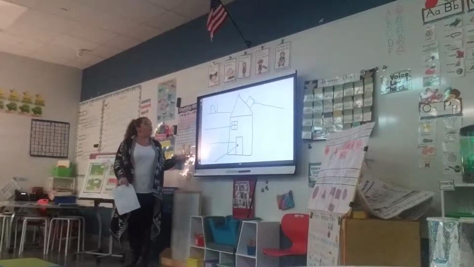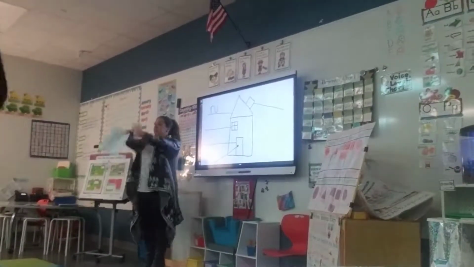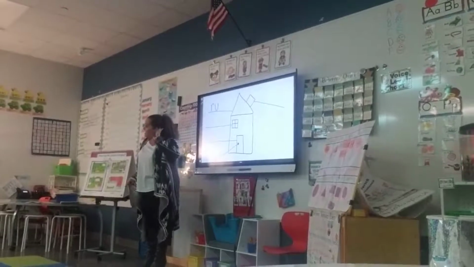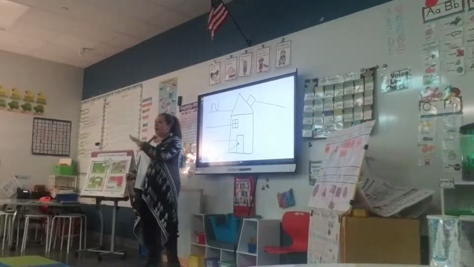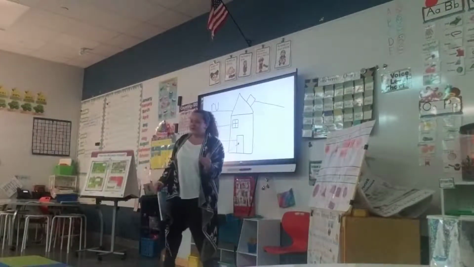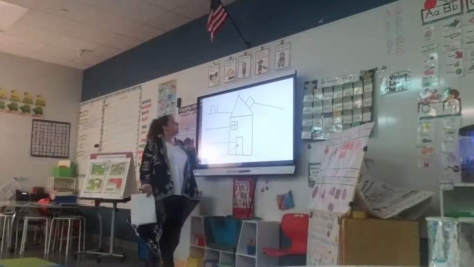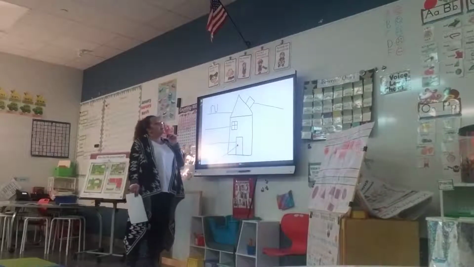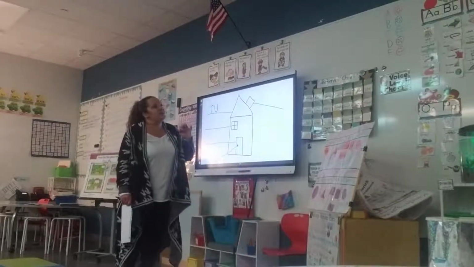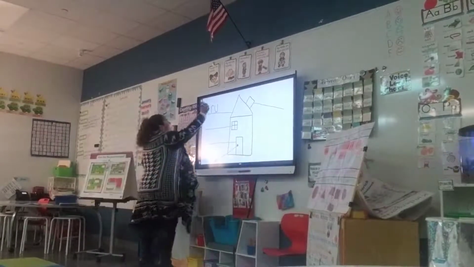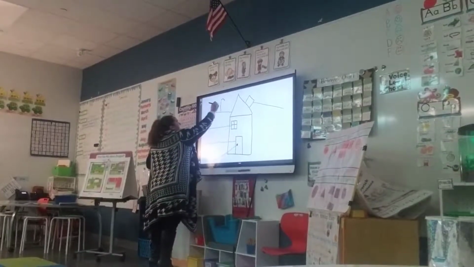I don't have the whole word roof. Remember, I need to do all the sounds I hear in the word roof. Ooh. That's the sound. Like fish. F says like fish.